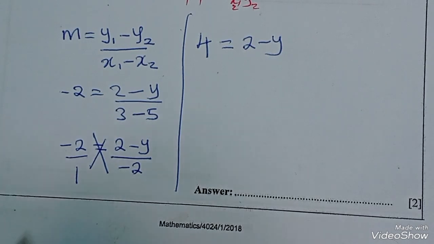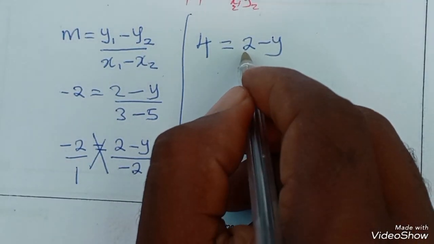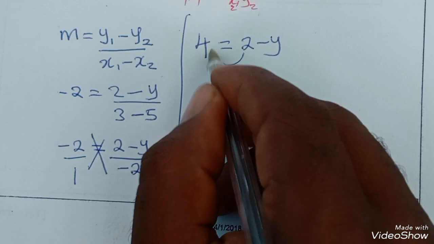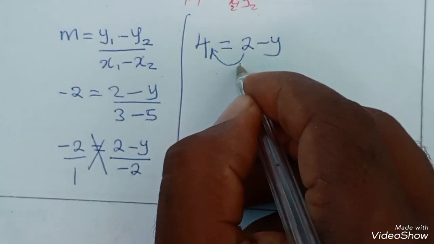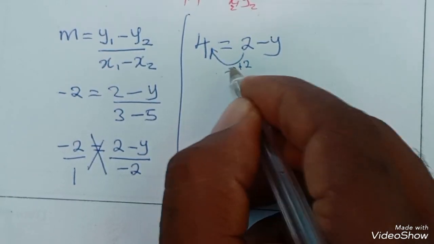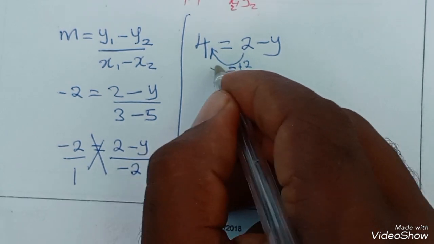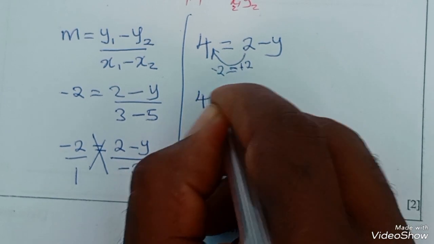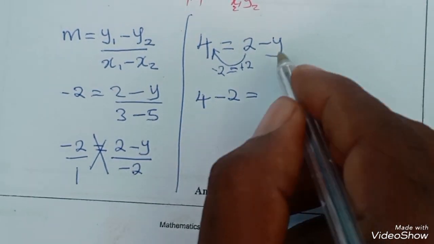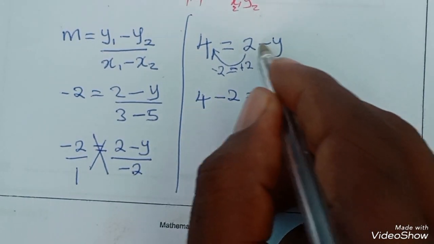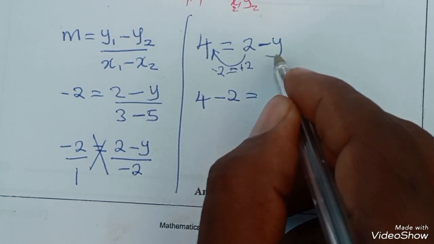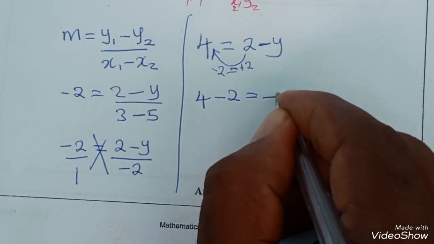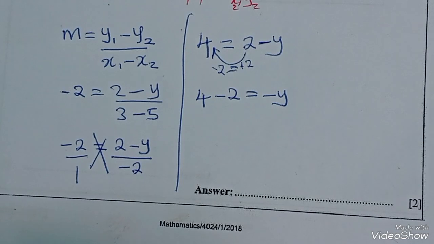So we'll collect the like terms. The 2 will come this side. It was +2; when it crosses the equal sign, it becomes -2. So 4 minus 2, remember that this negative is for y, so we are going to have -y.